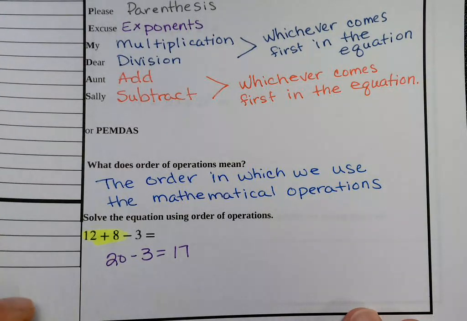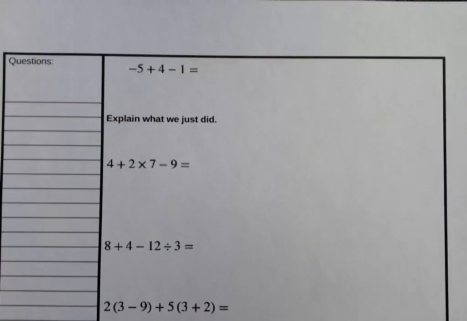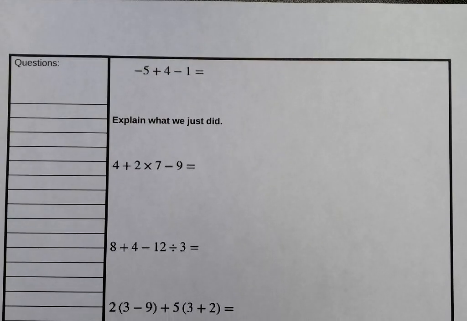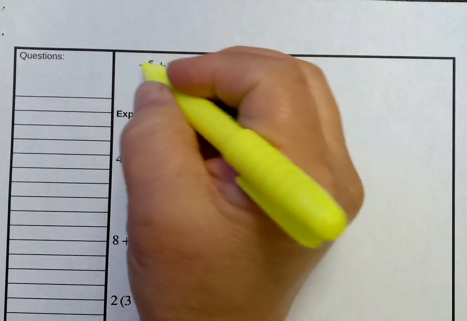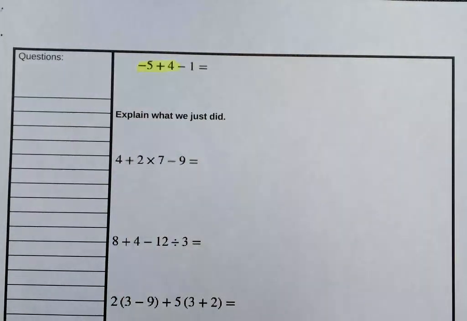Any questions? Okay, like a good teacher, you make the next question a little bit harder. Why is the next question harder? Well, we've thrown a negative number in. We are adding and we're subtracting. Once again, we will start with our addition. It comes first. -5 plus 4.